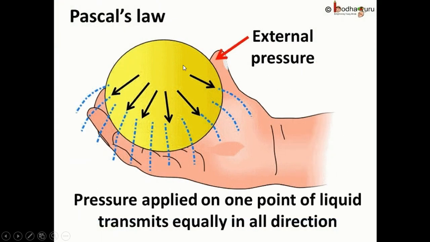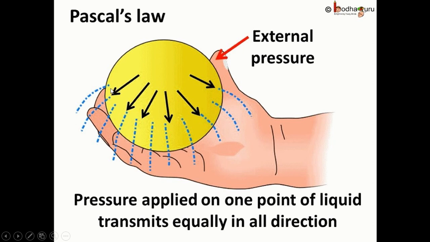Look at this figure. Here, some water is enclosed in a plastic ball or a balloon. And an external pressure is applied using the thumb. Then the pressure will be equally transmitted in all directions.